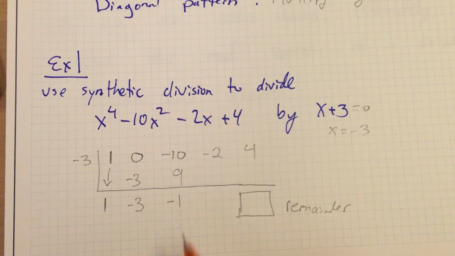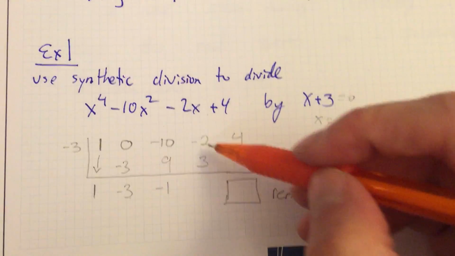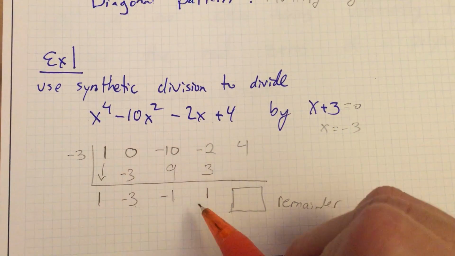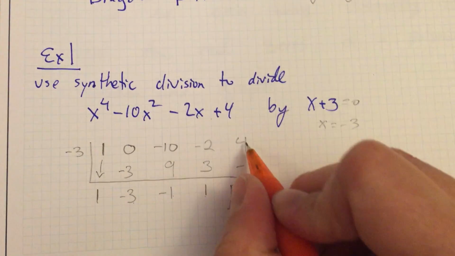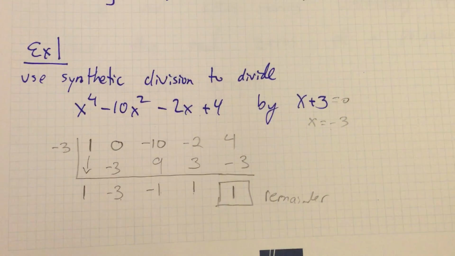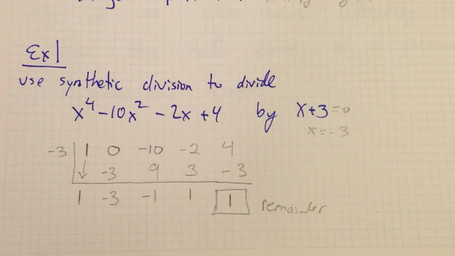Diagonal pattern, multiply those two numbers together, +3. Vertical pattern tells me I'm going to add those numbers together, 1. Multiply with the diagonal pattern, I have a -3. And then finally add, and I have a 1. We got a remainder, so this did not go in evenly into our polynomial, which is fine.